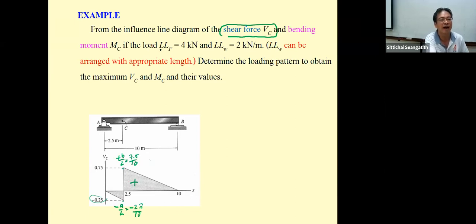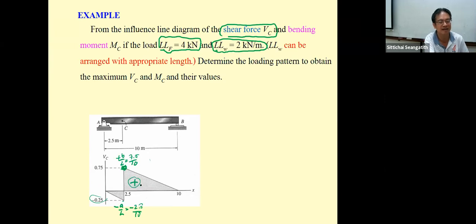So for the live load, that is the point load, we have to put it at the maximum value of this positive influence. And for the uniformly distributed live load, it can depend on the length.